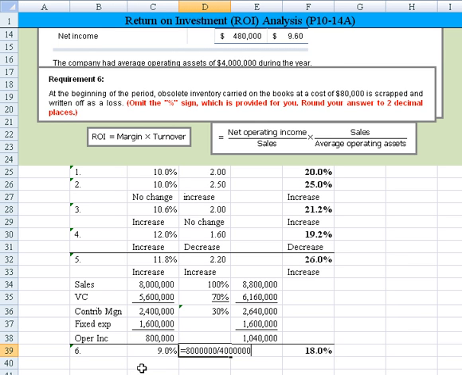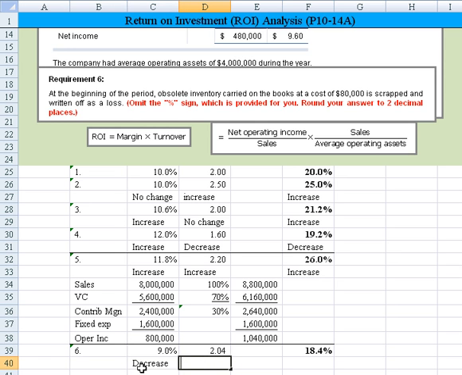And we assume it's done at the beginning of the year, which makes the calculation easy because the average is beginning plus ending divided by 2. If the change occurred at the beginning of the year, then it was in effect for the whole year. We can skip the averaging and just reduce that $80,000 off of the base, right? And then that goes to 2.4. So as a result, we've got a decrease in margin, and an increase in turnover.